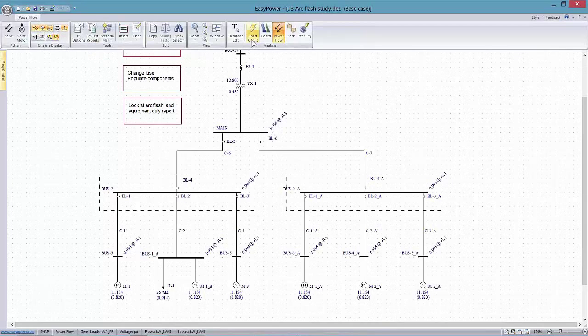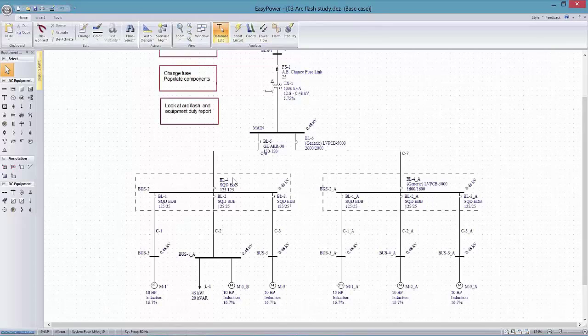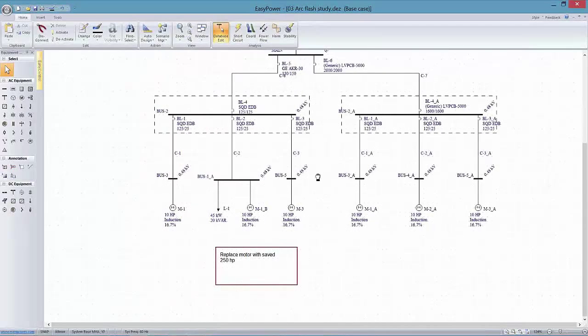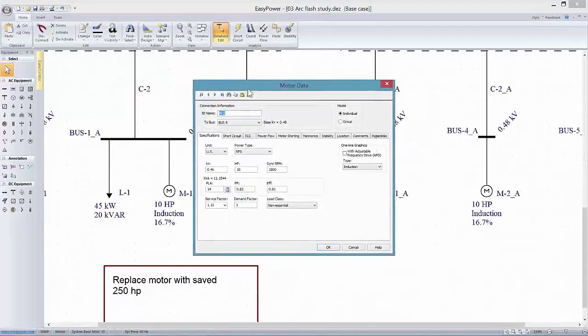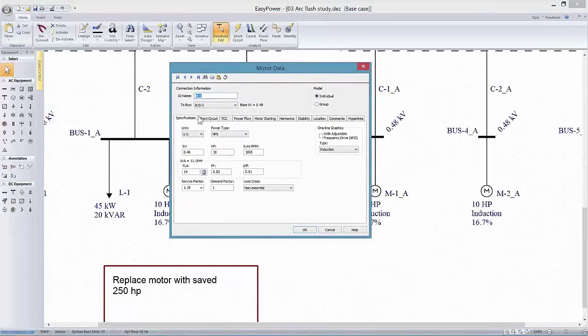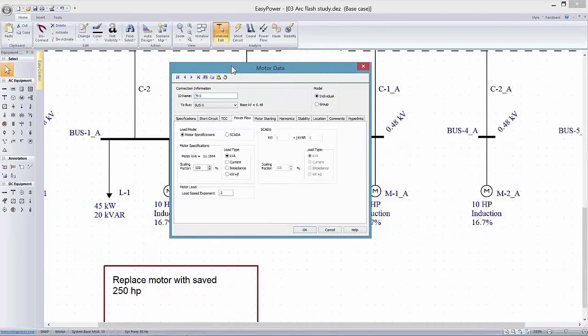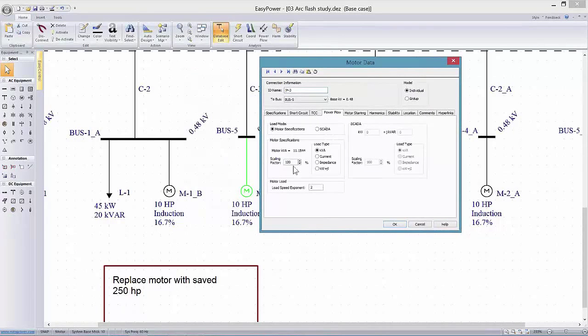One of the first things we want to do when we start to use power flow is make sure that we have made adjustments to our database. As you recall, when we do an arc flash study, we're basically filling in the first 3 or 4 tabs on the data dialog box. When we're going to do power flow, we want to make sure we enter or modify the data that's required in the power flow tab.